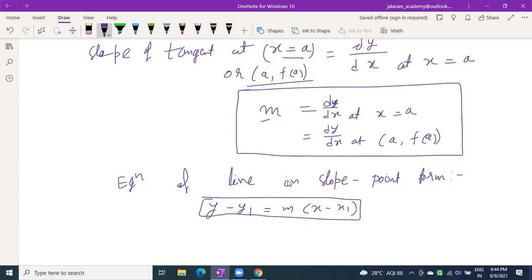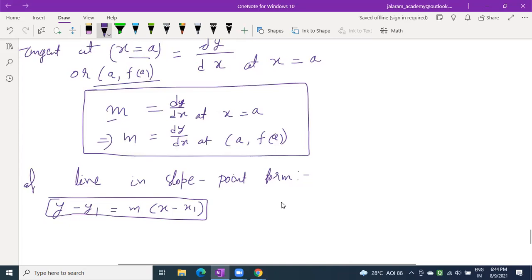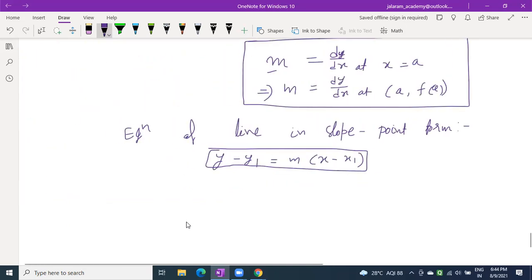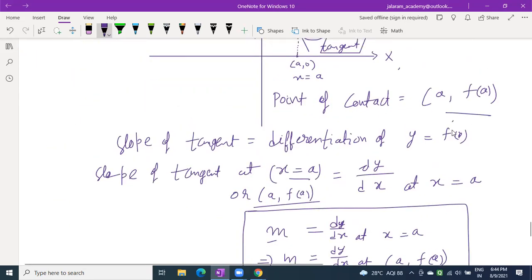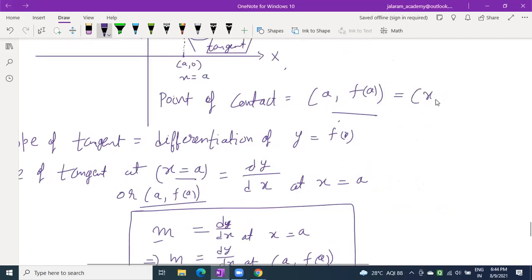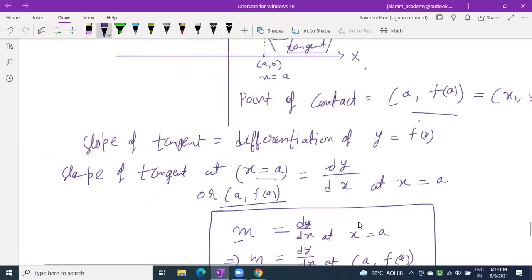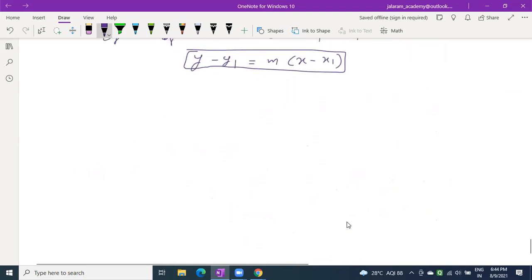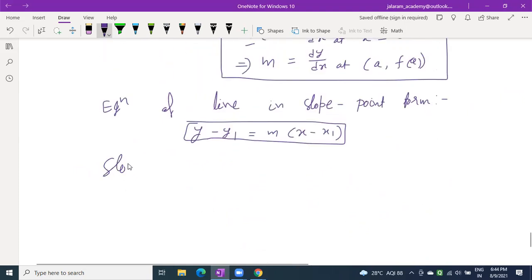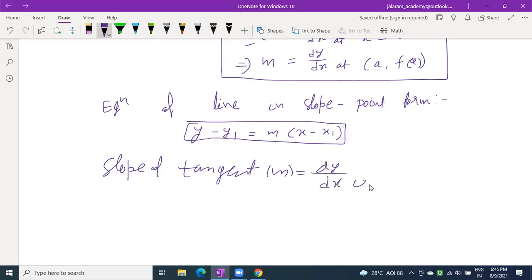Now the slope of the line we know is given by dy by dx at A comma f(A). In place of A comma f(A), we can write x1 comma y1, as A comma f(A) is the point of contact; we can assume it to be x1 comma y1, meaning x1 equals A, y1 equals f(A). So the slope of the tangent is given by dy by dx at x1 comma y1.